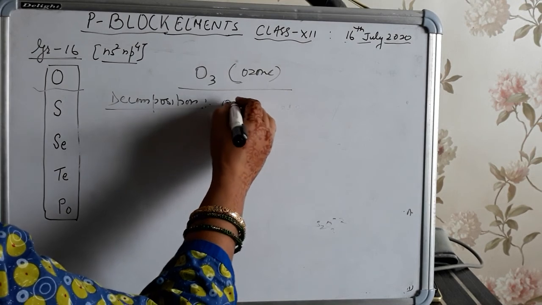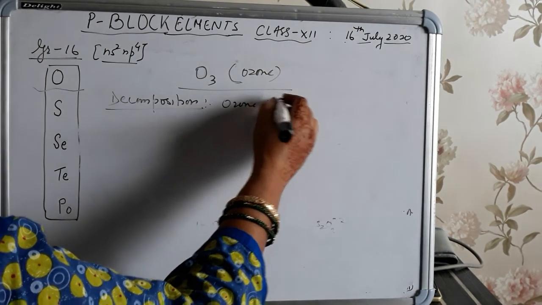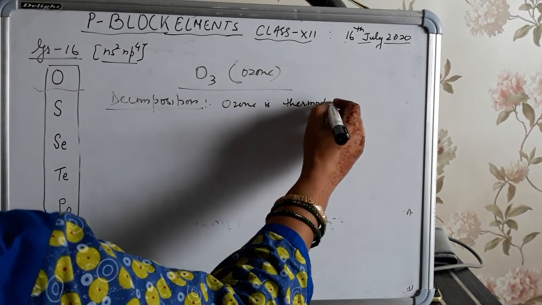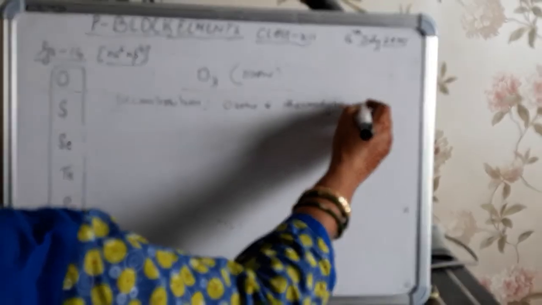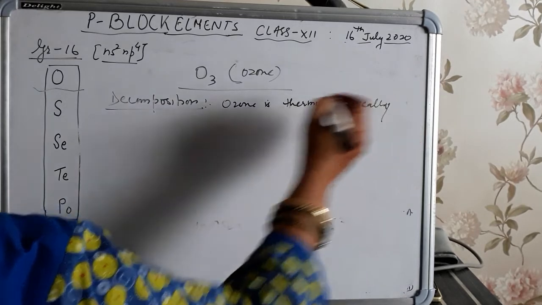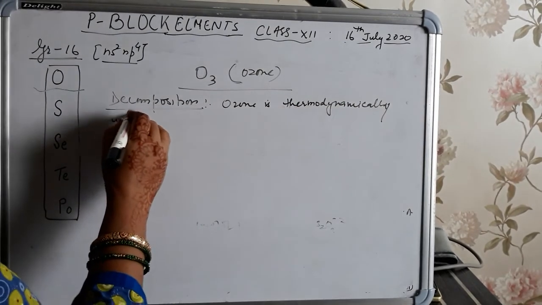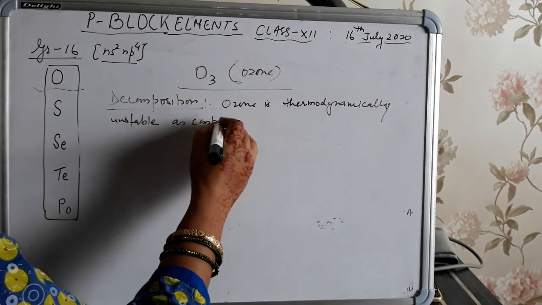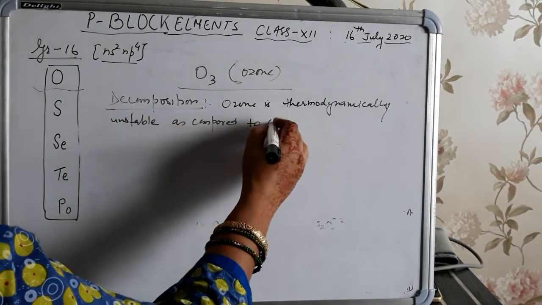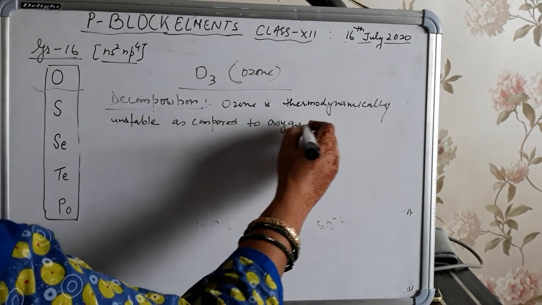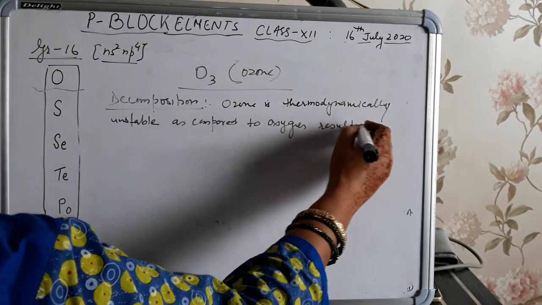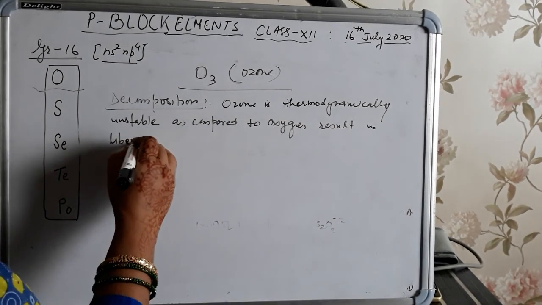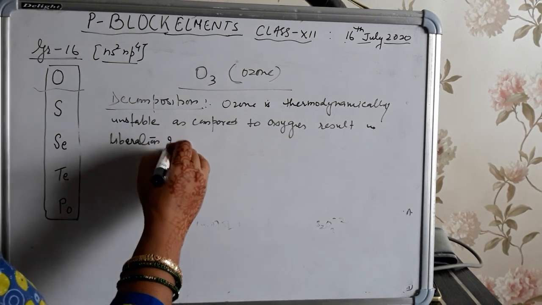So students, ozone is thermodynamically unstable as compared to oxygen, resulting in liberation of heat.